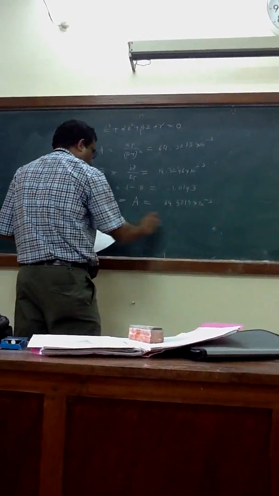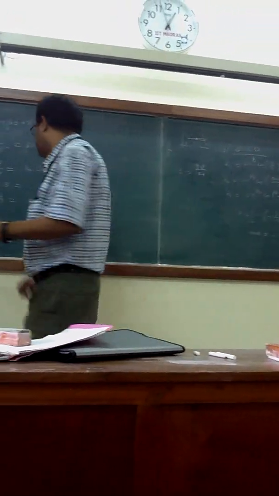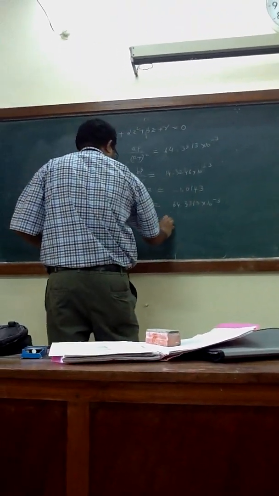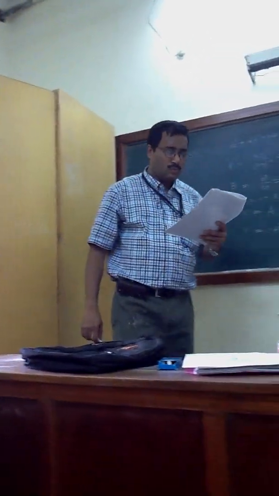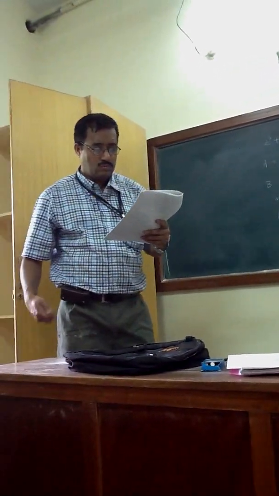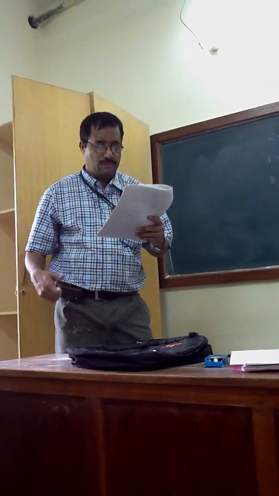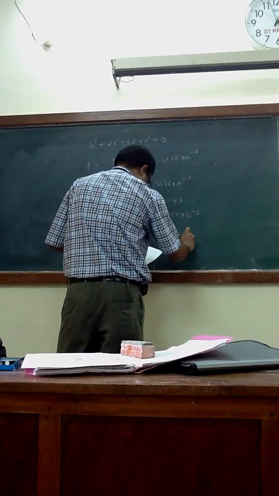Gamma is minus AB. How much is it coming? Minus 9.224.